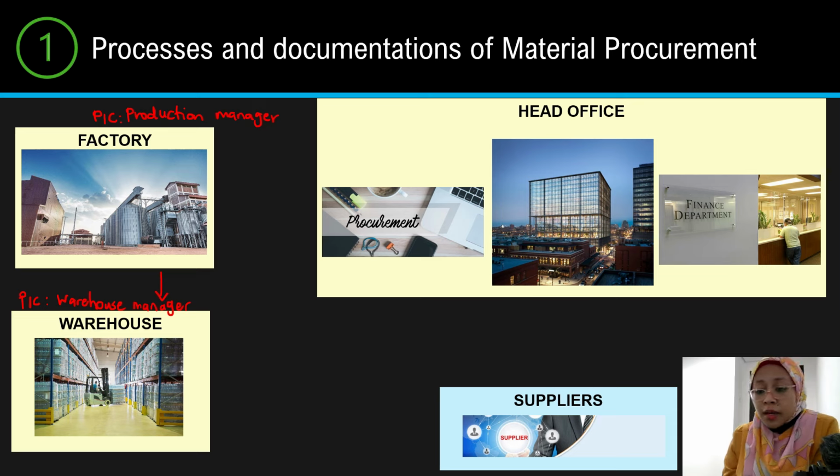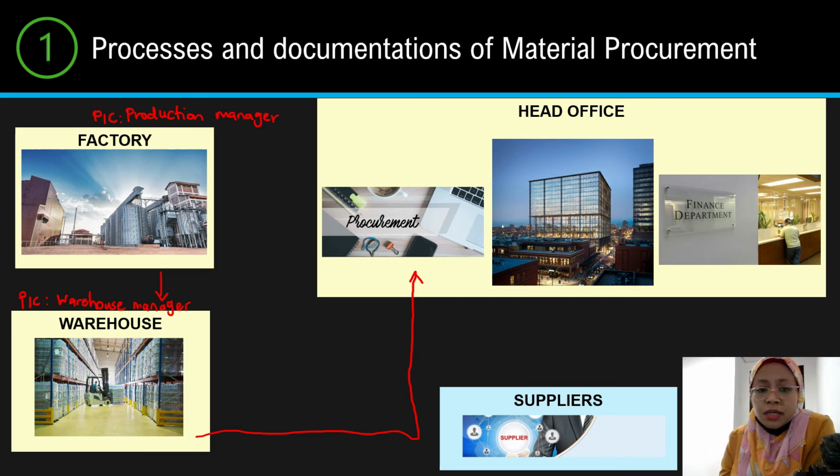The warehouse manager also keeps track of the level of the components or materials. Let's say one of the materials is almost finished, meaning the level is very low. It is alarming, and the warehouse manager needs to request from the procurement department.